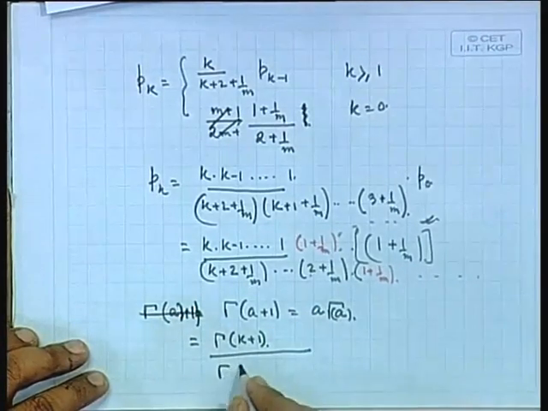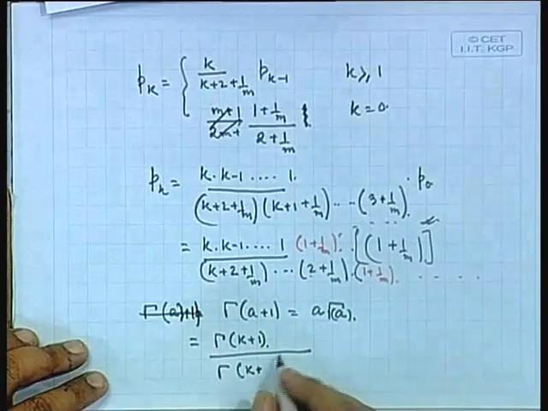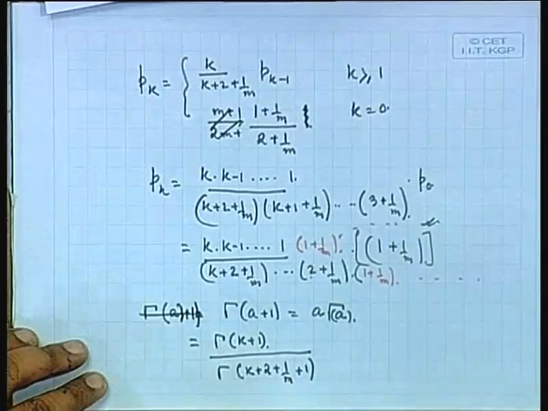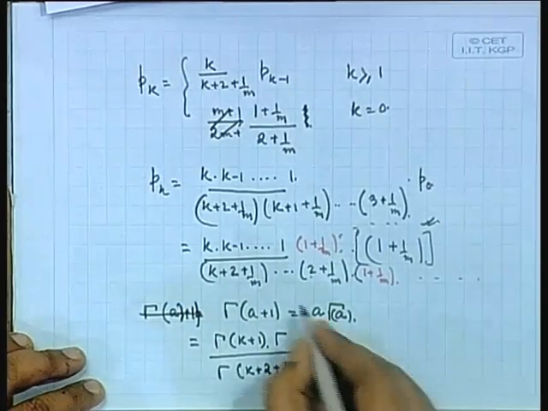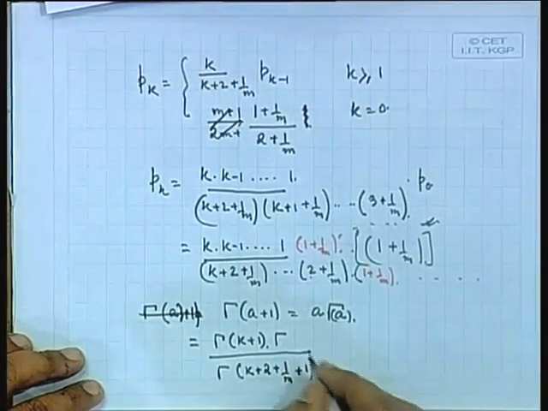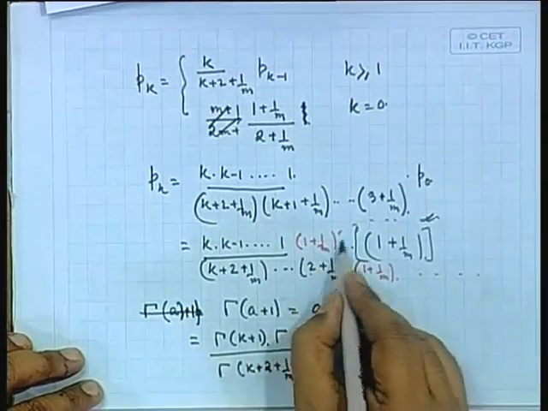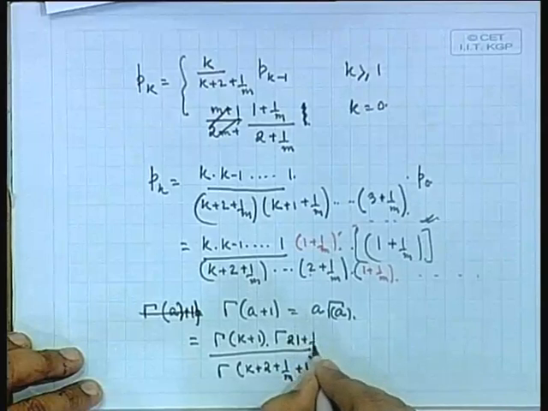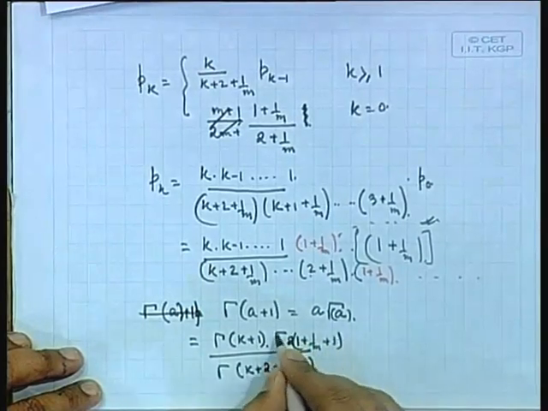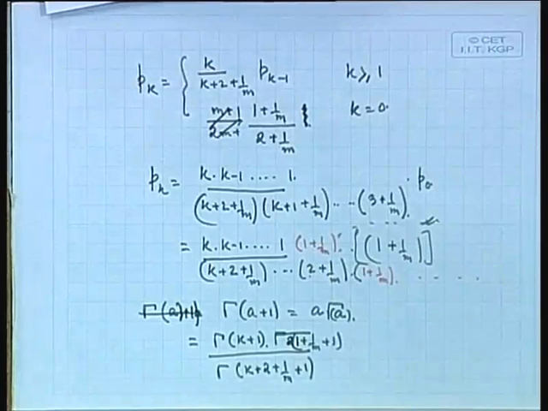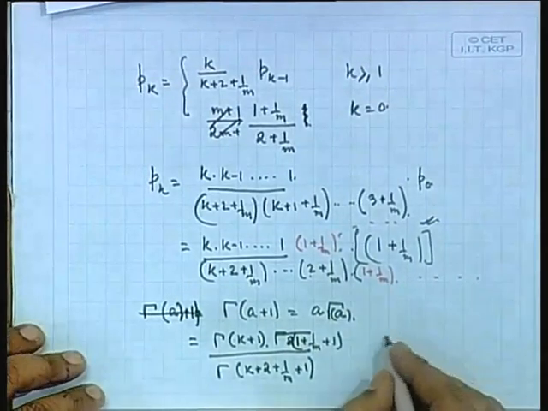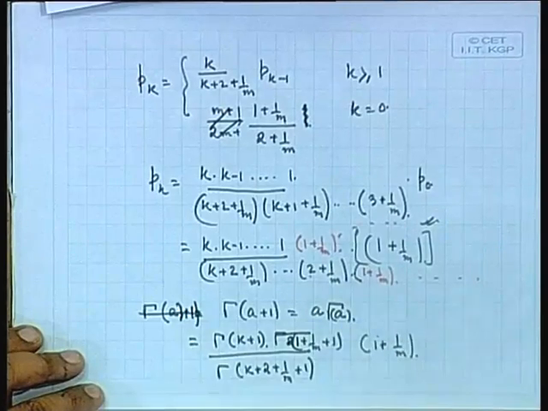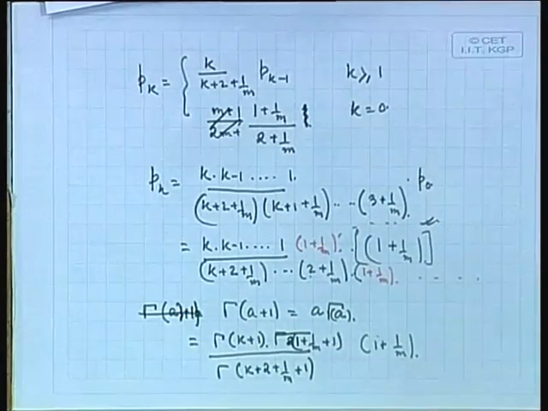Gamma k plus 2 plus 1 by m plus 1, and the above one is this part, gamma 1 plus 1 by m plus 1. And 1 plus 1 by m stays outside. Am I with you?